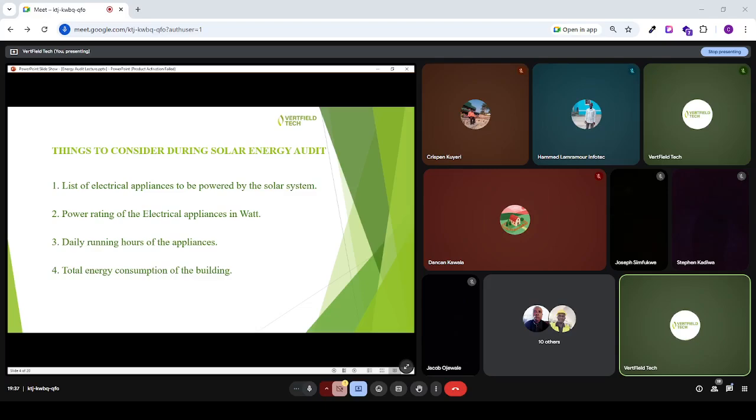Three, the daily running hours of the appliances. And four, the total energy consumption of the building. These four parameters are the things you need to look into holistically in order to say you have carried out a very good energy audit on a facility.